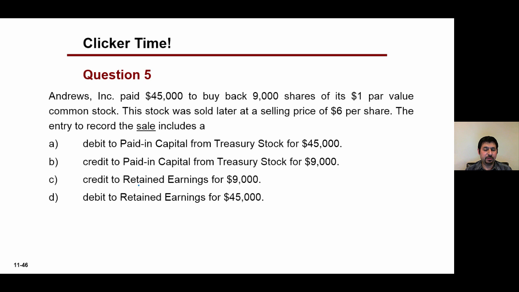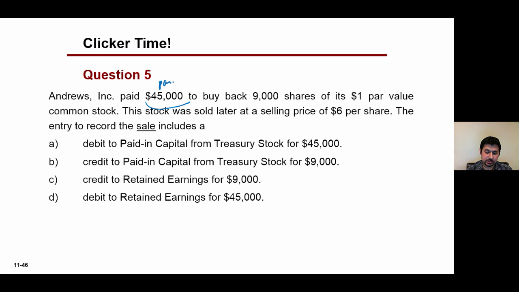Andrews Inc. paid $45,000 to buy back 9,000 shares of its $1 par value common stock. The stock was sold later at a selling price of $6 per share. Once again, the entry to record the sale includes, this is the price of acquiring.